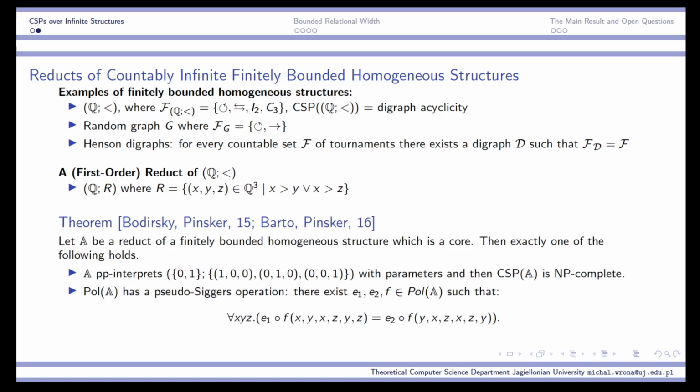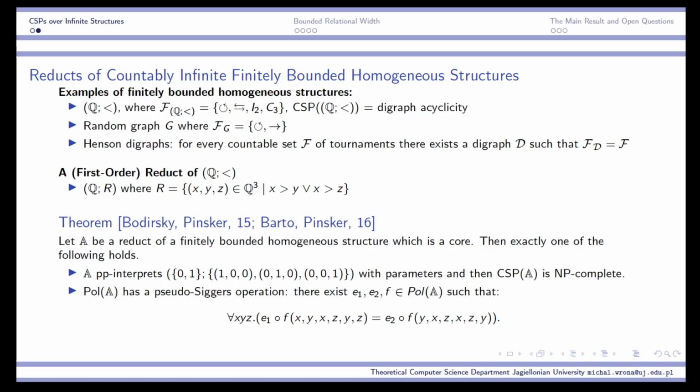And for this class of structures, we have an algebraic theorem saying that either this reduct interprets primitive positively 1-in-3-SAT, and in this case the problem is NP-complete, or there's an operation called a pseudo-Siggers operation that preserves the structure.